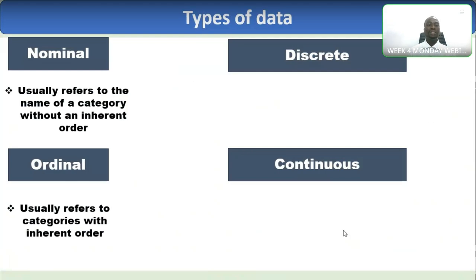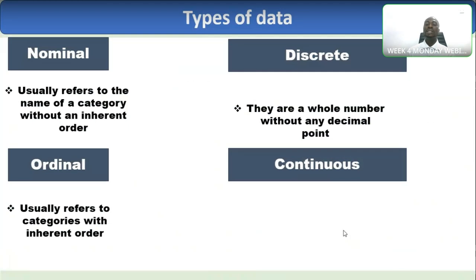But inside these categories, there are rankings. You can say PhD is of higher rank than masters, and masters is of higher rank when compared to the BSc category. So when we can derive an inherent ranking in a particular category, we say that it is an ordinal data.